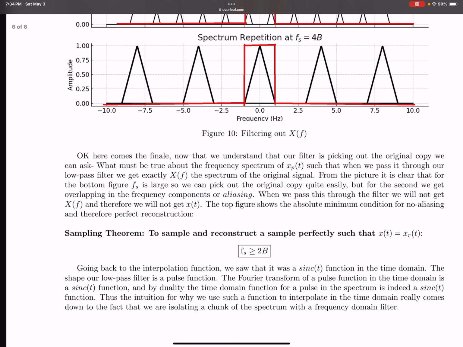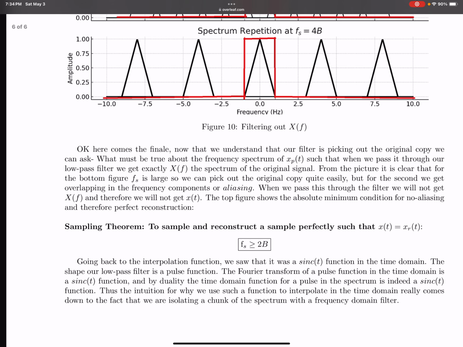By duality, we can say that if we have a pulse in the frequency domain, then the time domain signal that corresponds to that, the inverse Fourier transform, must be a sinc function.